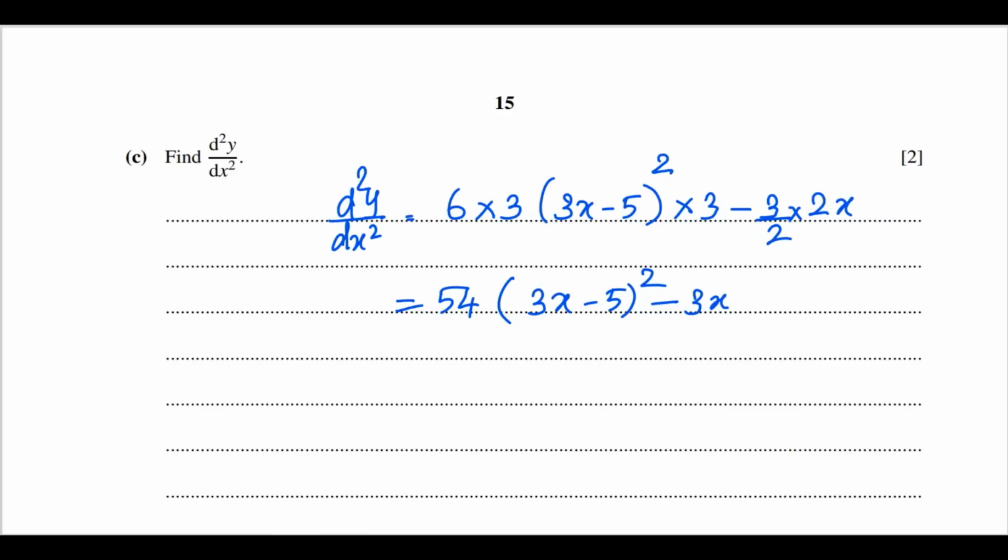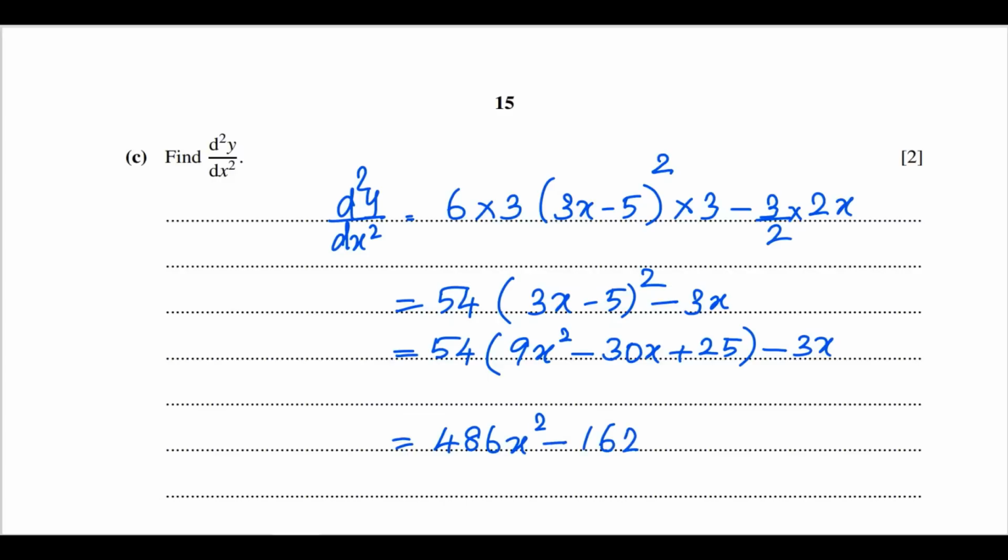Okay, we will expand this. 54 multiplied by (9x square − 30x + 25) minus 3x. 486 x square minus 1623x plus 1350.